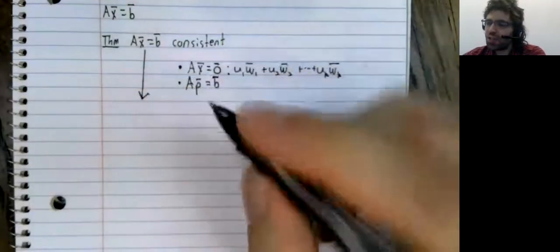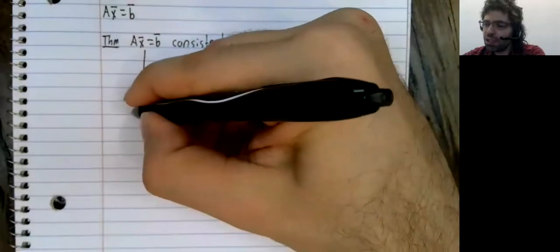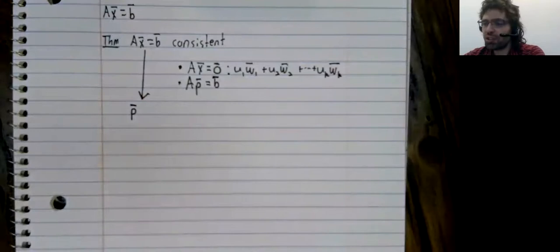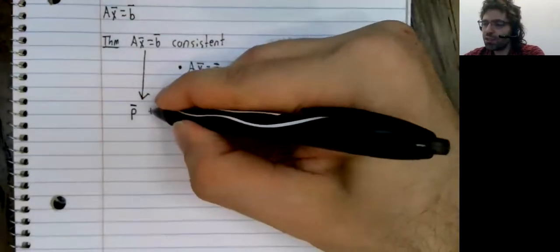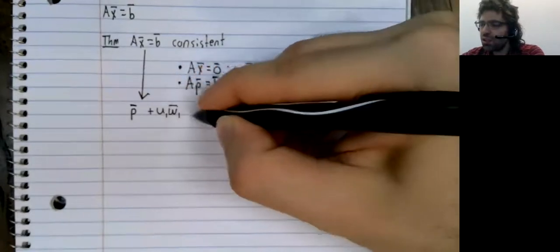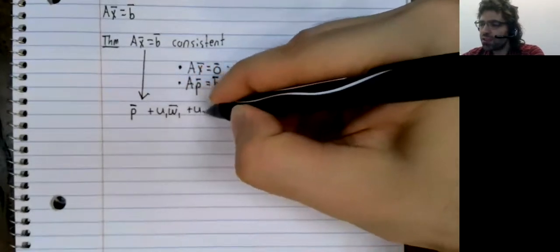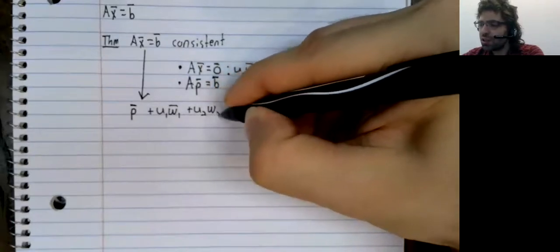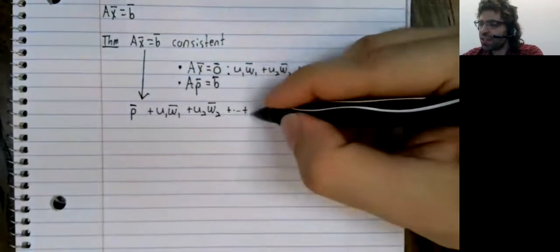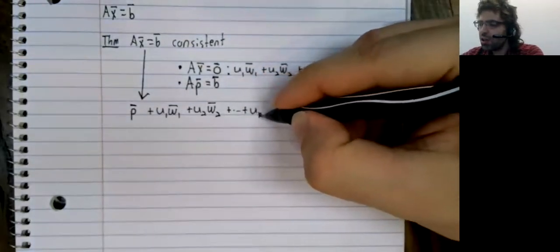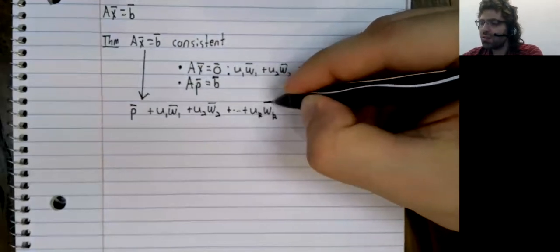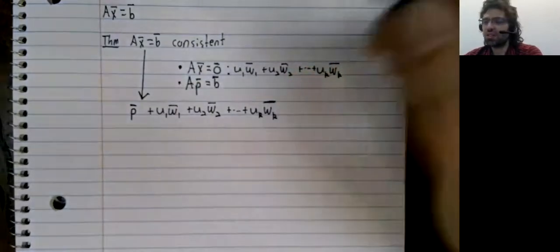The solution set to AX equals B is any particular solution plus the solution set of the associated homogeneous system.